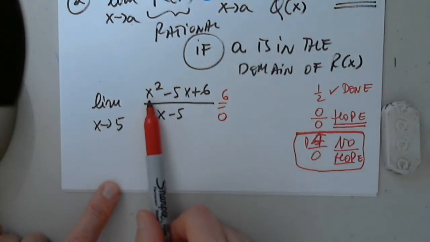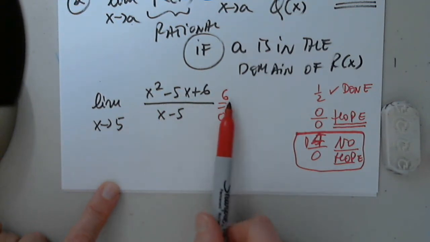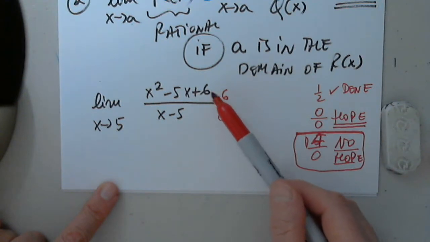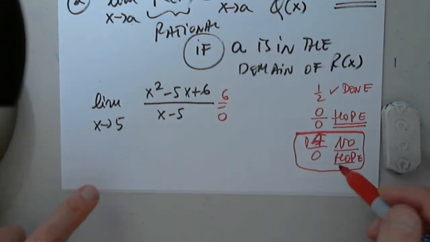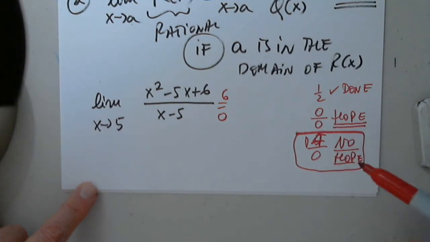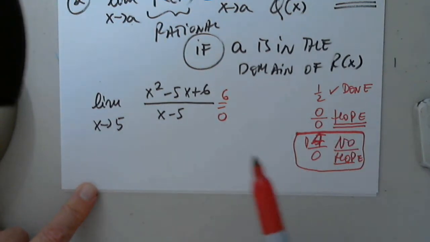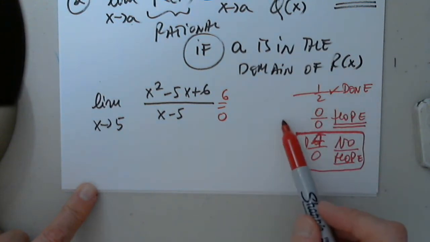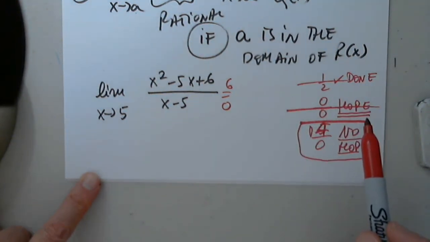So did I copy it correctly? I think I copied correctly. Yes, everything is correct. Okay, so 25 minus 25 is 0 plus 6. Good. So if that's the case, then I have to analyze both left and right limits. So it's not a number. There is absolutely no hope for the limit to exist.